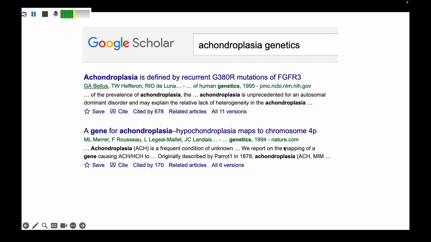And so here we can see, if you take a look at the discovery process for the control of this condition, achondroplasia, the gene was mapped in 1994, and then shortly after, the actual gene was identified from that chromosomal region, and mutations in that gene now can be studied in terms of how that single gene can have such a dramatic effect on bone growth in this case in humans.